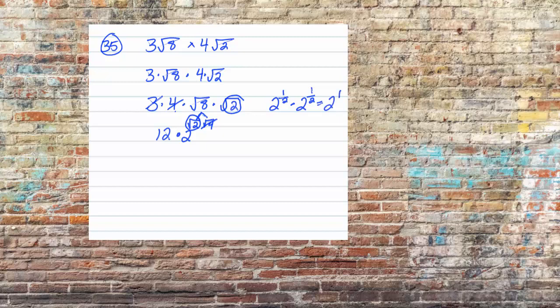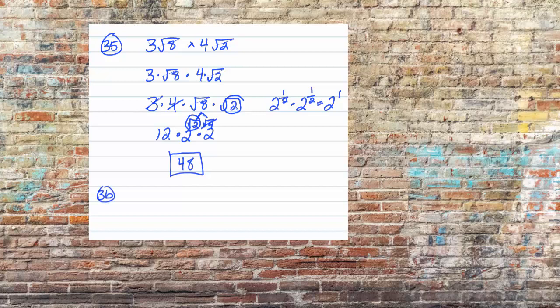So anytime we multiply the same square roots together, we end up with a simplified answer, which is the value inside the root by itself. So those two together will simplify down to 2. So 12 times 2 is 24 times 2 is equal to 48. And that one cleaned up nice and pretty.